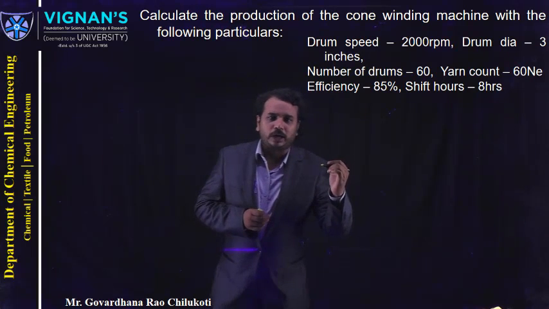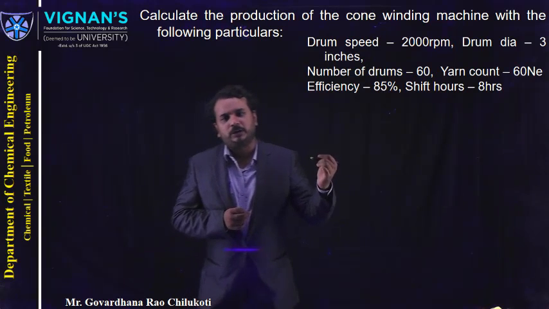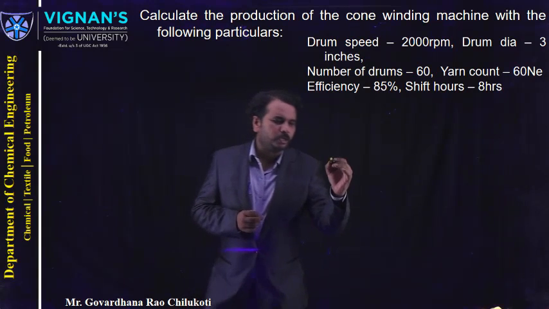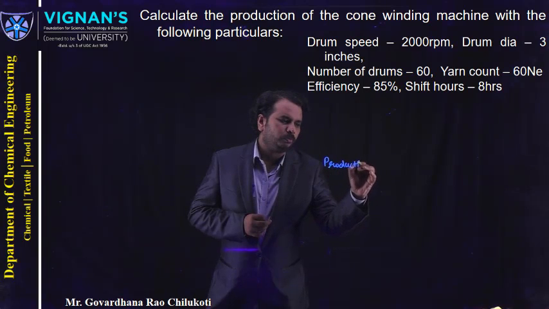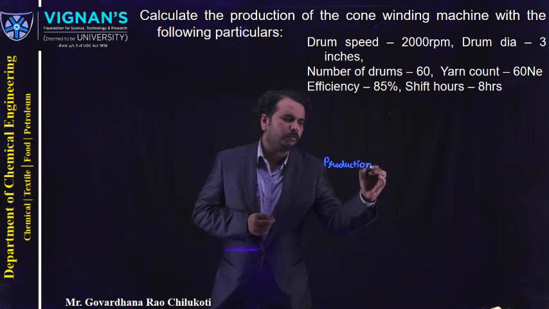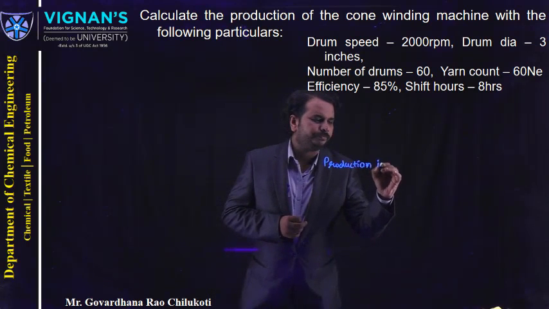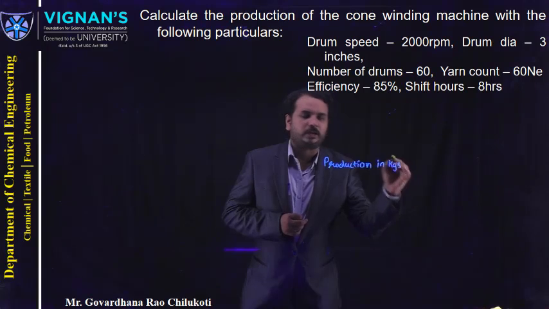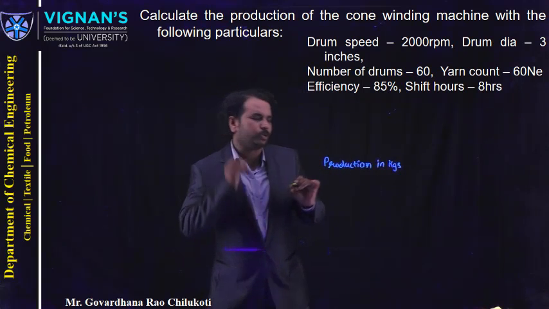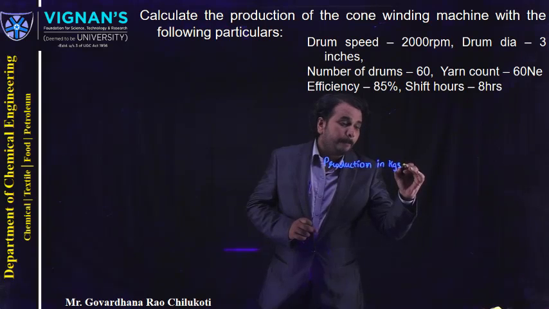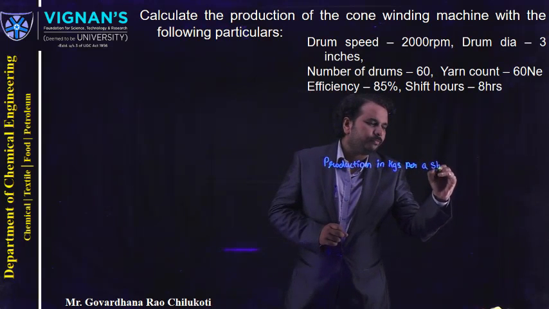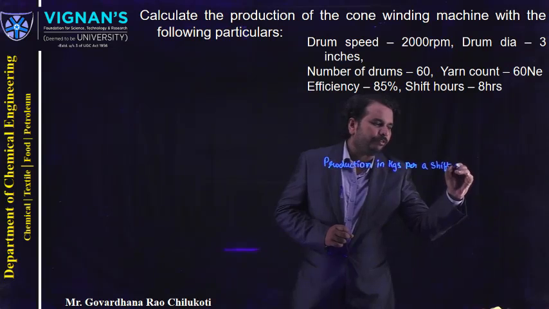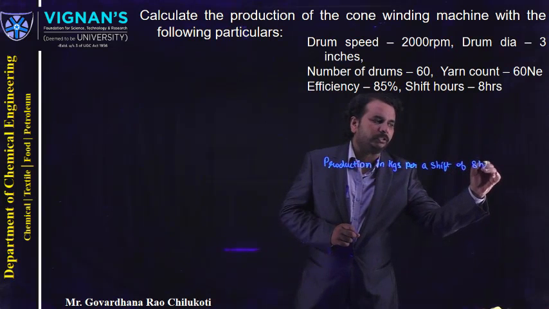How can we calculate the production of the winding machine? I am writing the formula for the production of a winding machine, production in kgs per shift of 8 hours.